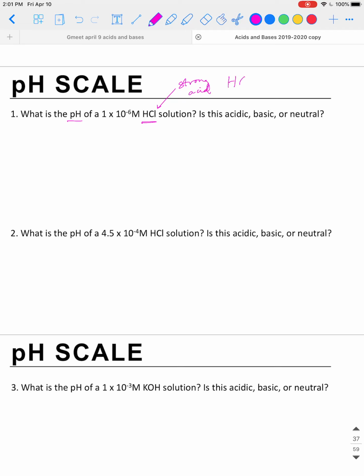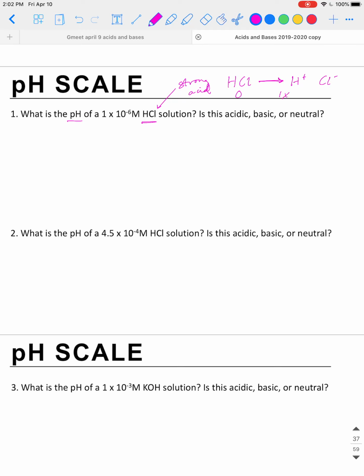What that means is that HCl will completely dissociate, one arrow, remember one arrow, into H plus and Cl minus. When it's done, we'll have 0 of this left over, and we'll have all products, the same concentration of products as the amount of HCl we started out with.